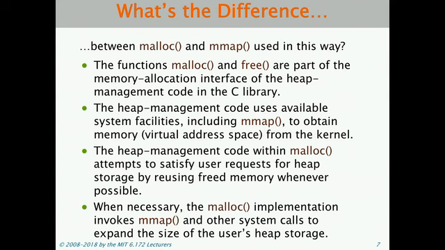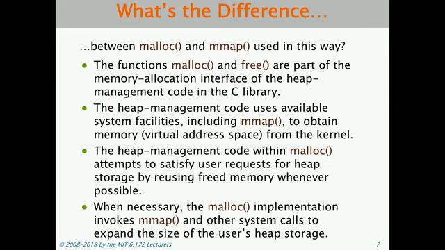what's the difference between malloc and mmap? So as I said, malloc is a library call. And malloc and free are part of the memory allocation interface of the heap management code in the C library. And the heap management code uses the available system facilities, including the mmap function, to get virtual address space from the operating system.